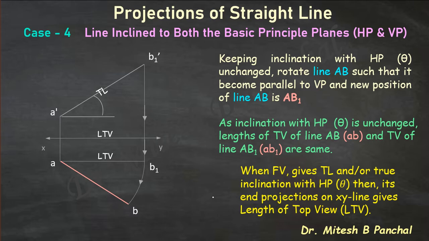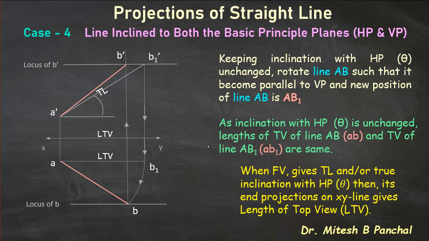So we can have locus of B dash and locus of B. In case of projections of point, we have already discussed that point number 3, that is for a point, its projections front view and top view are on the same vertical projector. That means the position of top view of point B is known. We can obtain the front view of point B, that is B dash, on locus of B dash, and we can obtain the front view of line AB, that is A dash B dash.